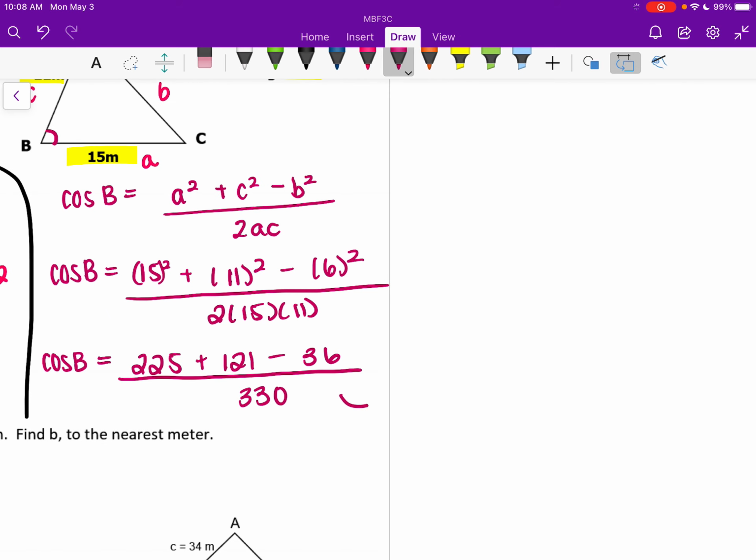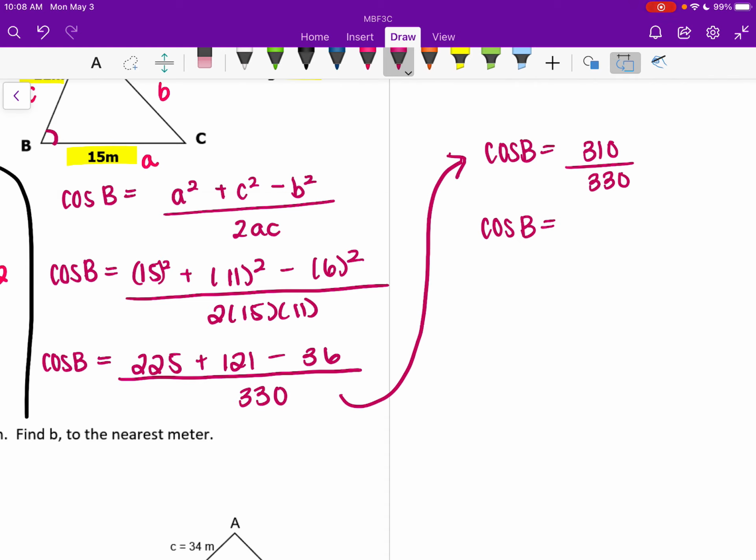Right, I'm just going to carry this over to the other side over here. So then I'm left with 225 plus 121 minus 36 is going to be 310. So cosine B is equal to 310 divided by 330, right? 310 divided by 330 is going to give me 0.939393939, right?